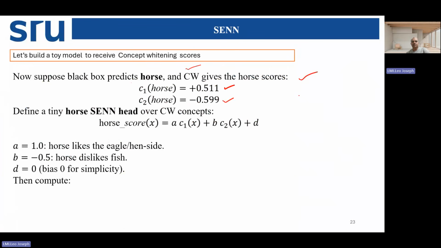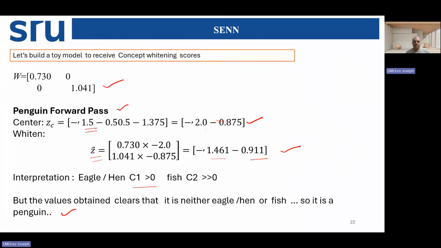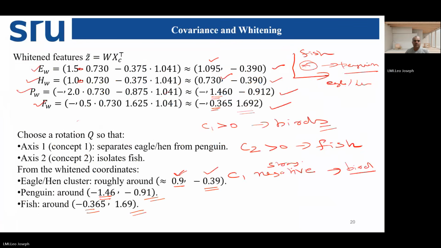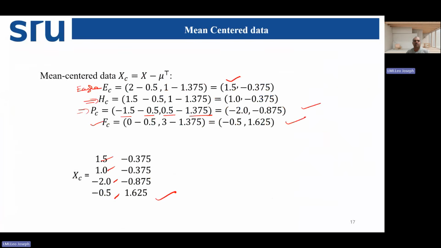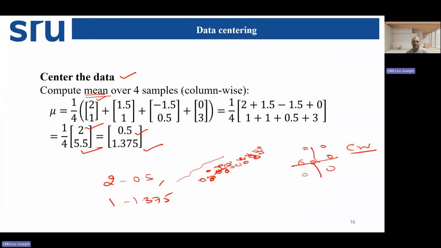So for the concept, horse cannot fly. Okay, horse does not fly. So I am assuming a suitable weightage, and the second coordinate is getting a suitable weightage, just like eagle and hen, it is gaining the weight. No?